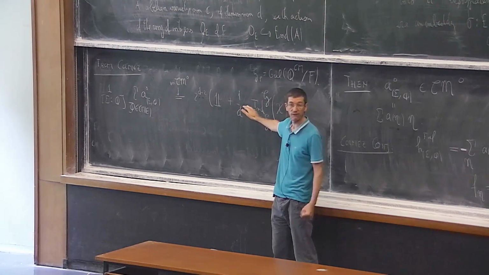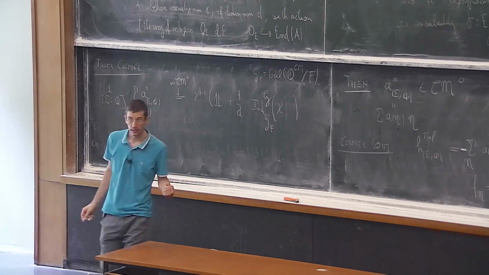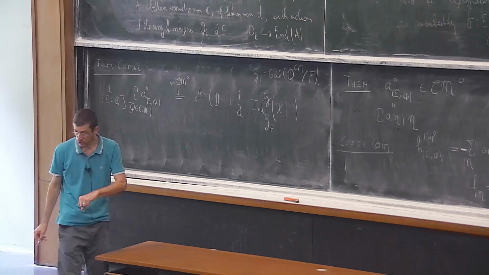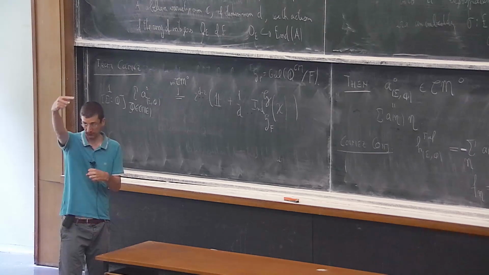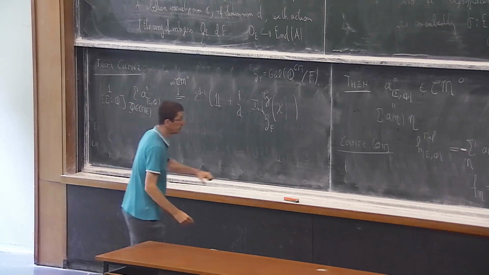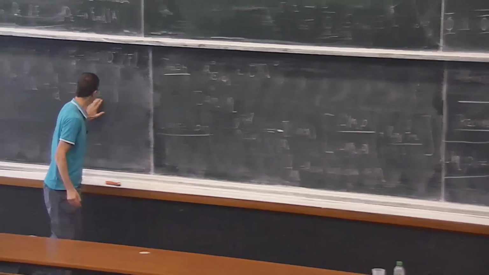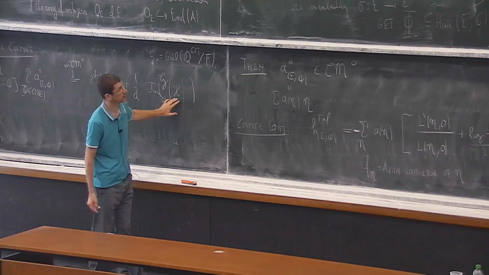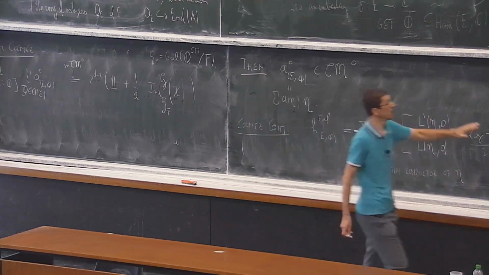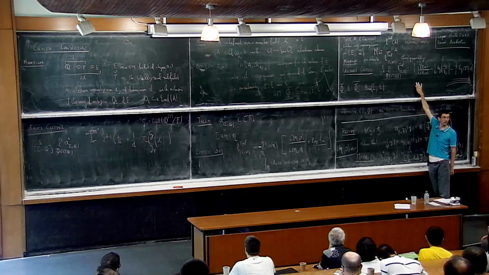And then you have to compute this piece here for the induced representation. But then you know that the L function for the induced representation of a character is simply the L function for the character, but for the field from which it is induced. So this contribution for eta, the induced representation from the character chi, is exactly on the nose what appears here: the logarithmic derivative of chi.